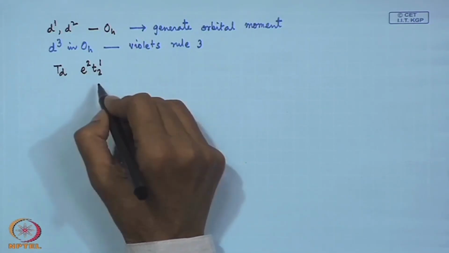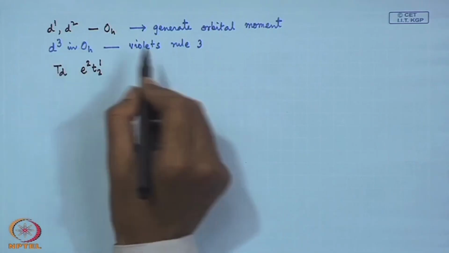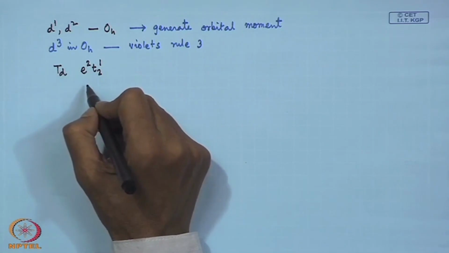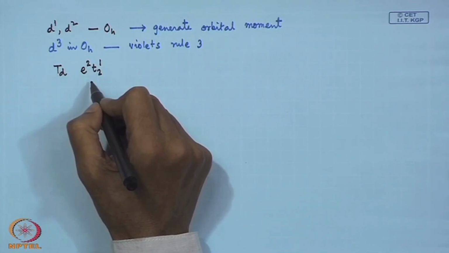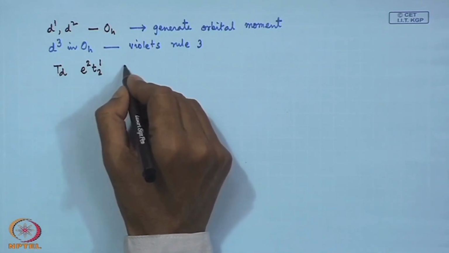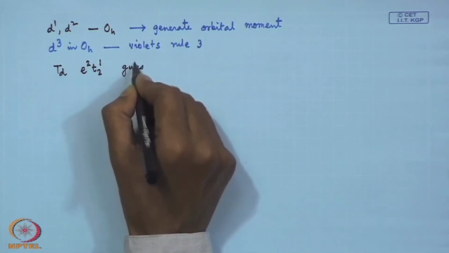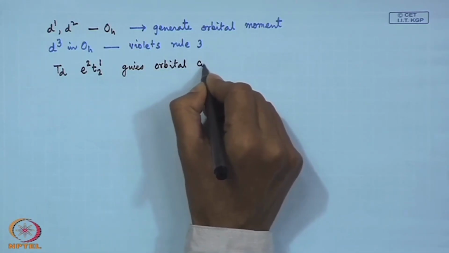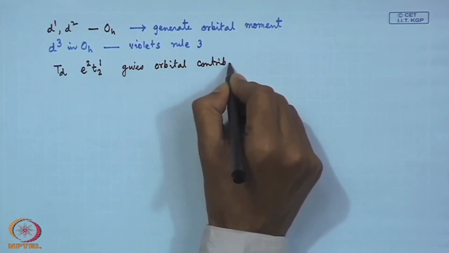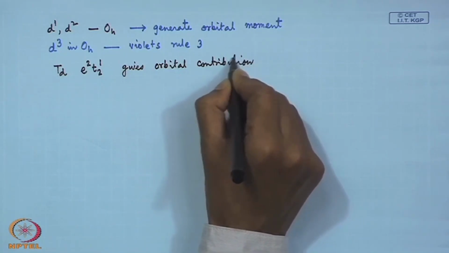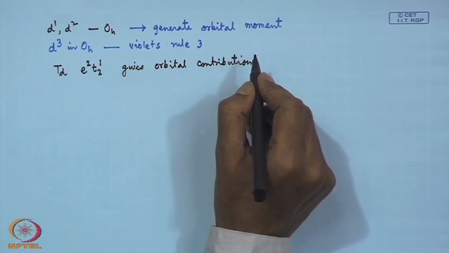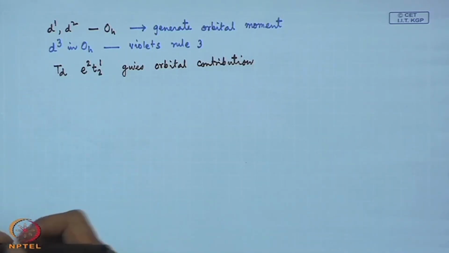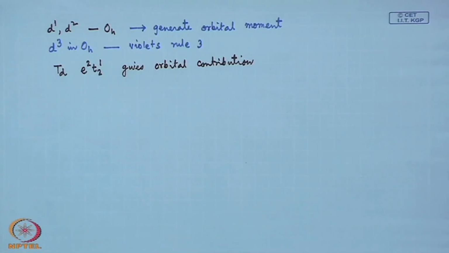So, this electronic configuration for d3, which is not giving any orbital contribution in octahedral geometry, can give rise to the corresponding orbital contribution in tetrahedral geometry. So, we find these are very important and very interesting things in terms of these corresponding orbital contributions.